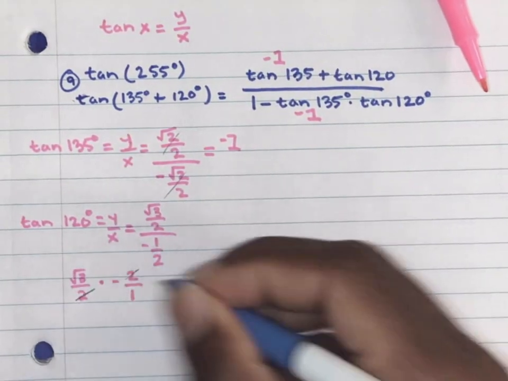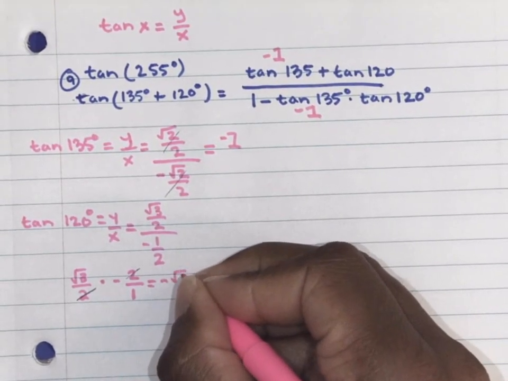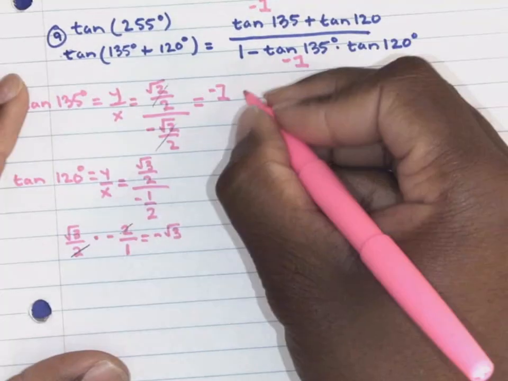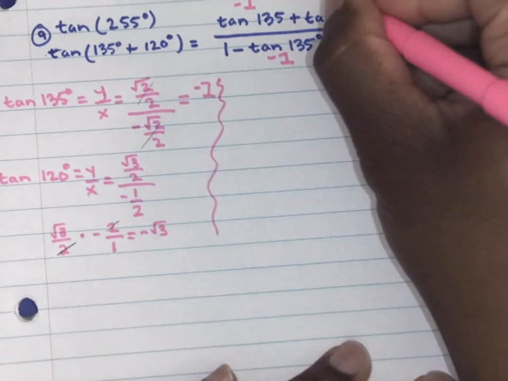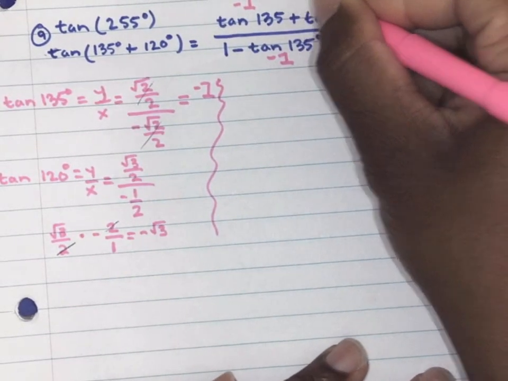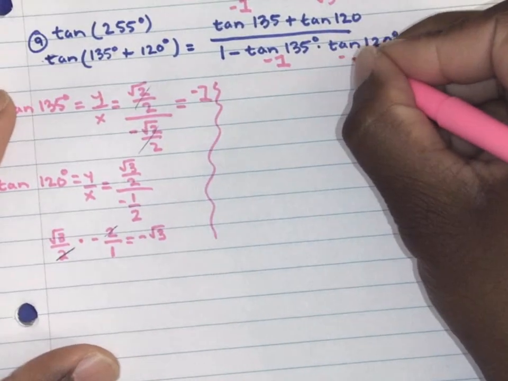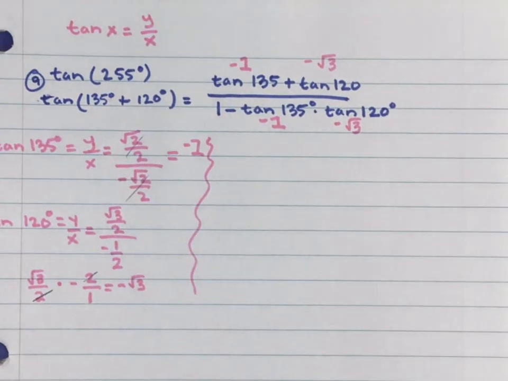The 2's cancel, and I'm left with negative root 3 over 1, so just negative root 3. All right, so tangent of 120 is negative root 3. Okay, so let's write what we got.